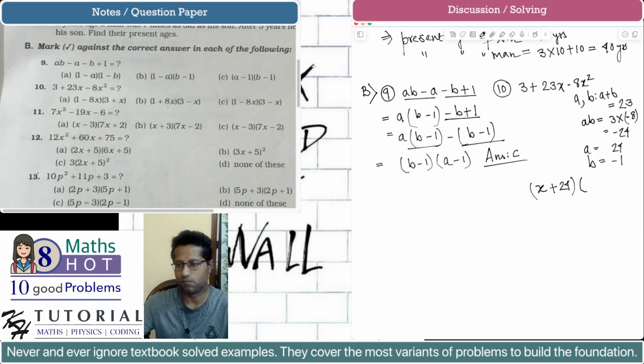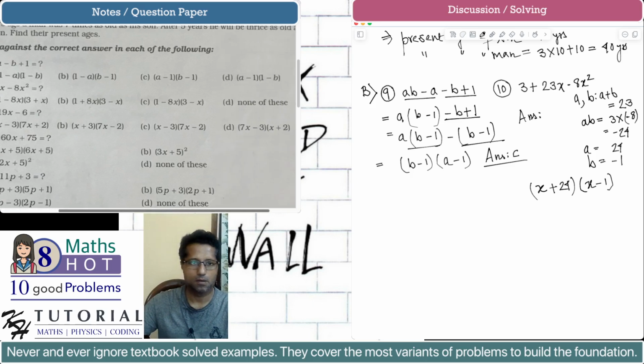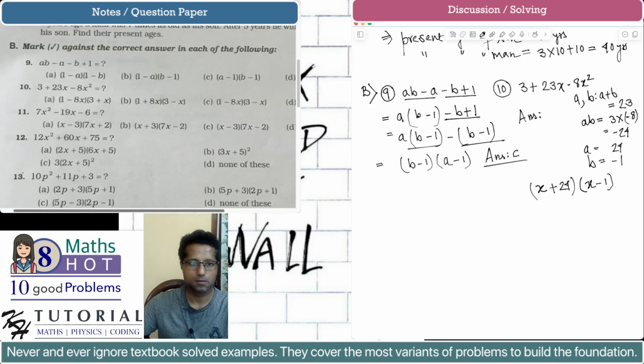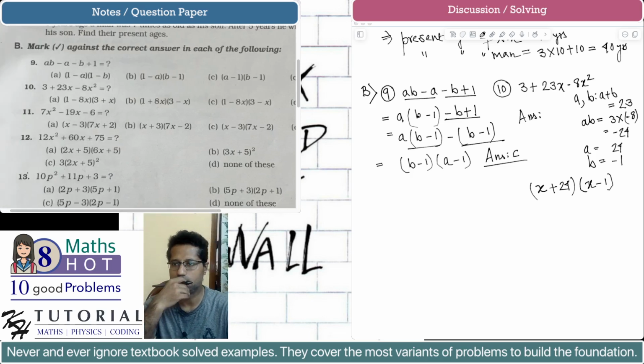So x plus 24 multiplied by x minus 1 should be the factorization, and hence the correct choice for problem number 10 will be none of these. We are not having our answer as a choice. Minus x square.